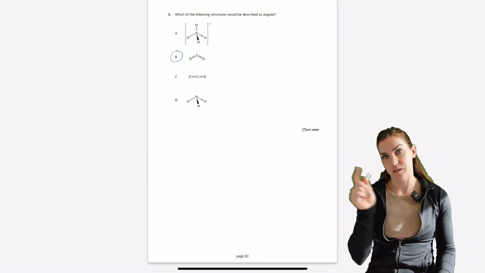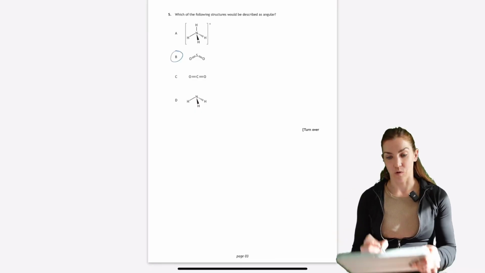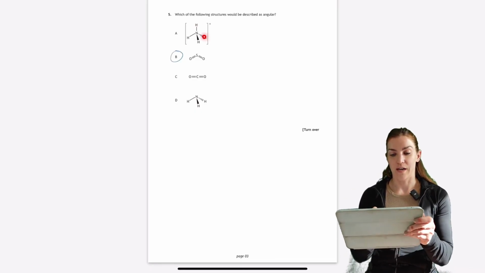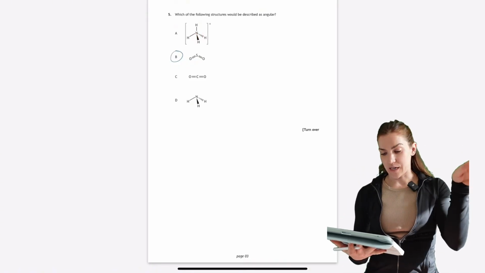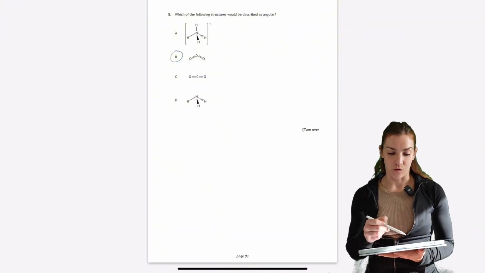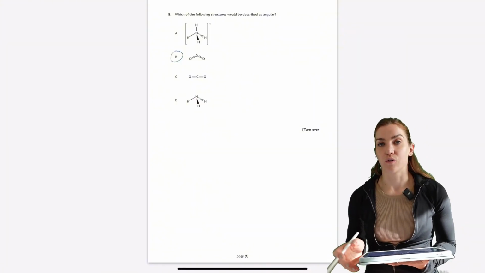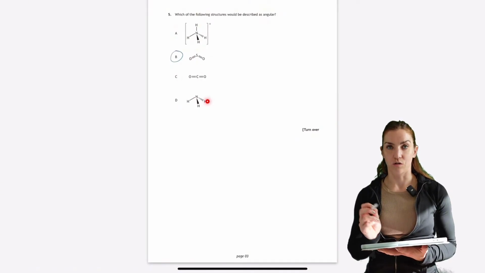As I like to call it, tetrahedral makes me think of 4 heads, and you can see here that this molecule has 4 heads around the central atom. C would be linear because it's in a straight line, and D is trigonal pyramidal. So these are the 4 shapes that you must know for your exam: tetrahedral at the top, angular here, linear, and then trigonal pyramidal.